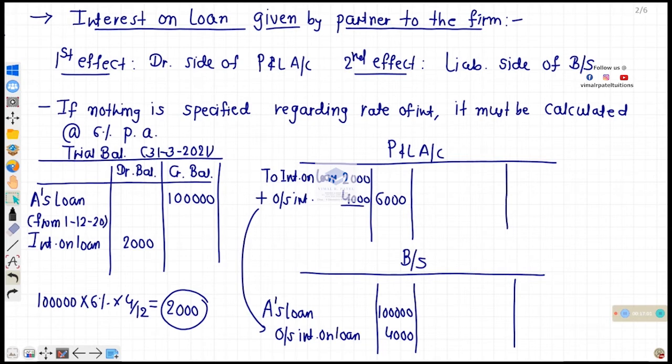So on credit side of partner's capital you have to write by computer, my additional capital 1 lakh. So if interest on capital will be calculated, it will be calculated on this computer also.